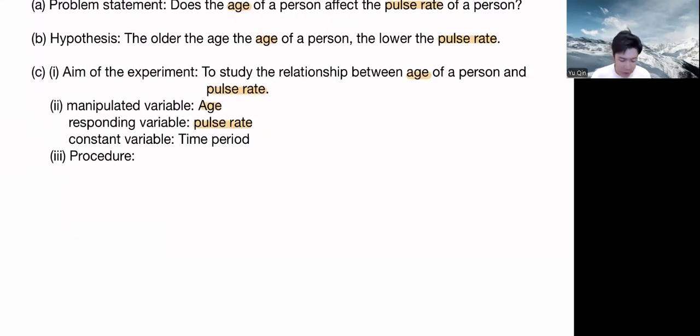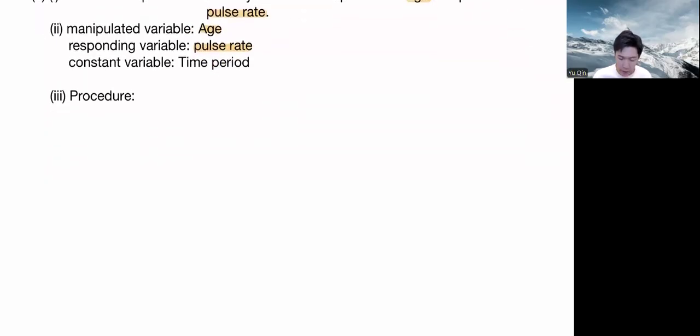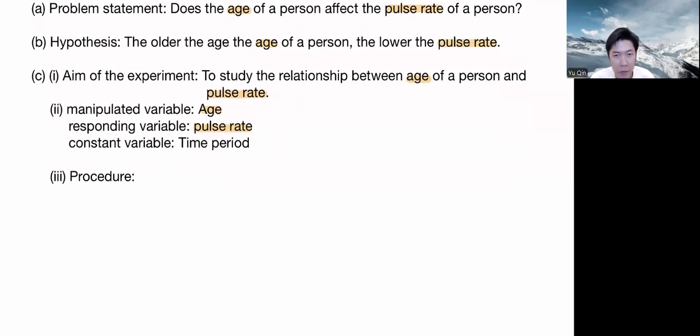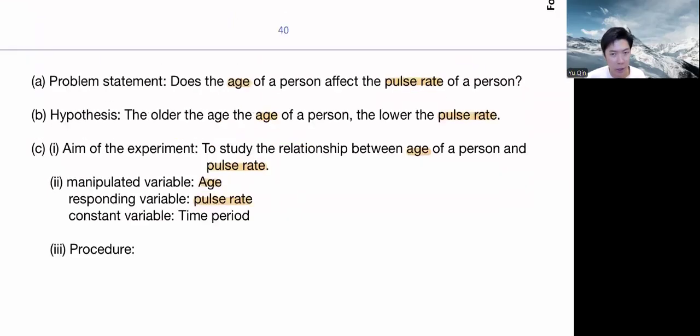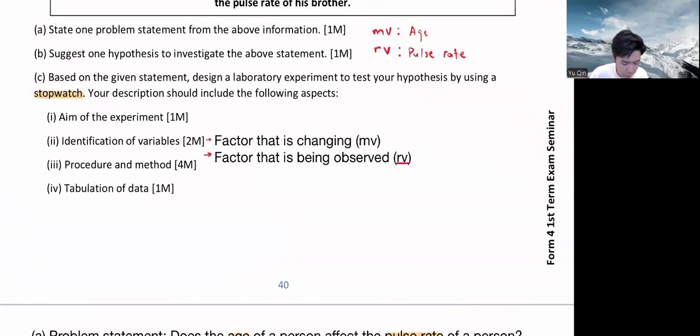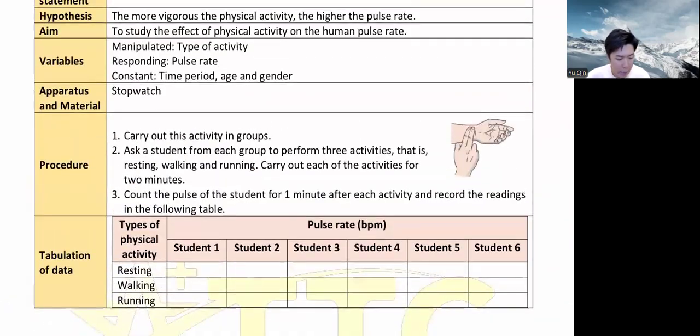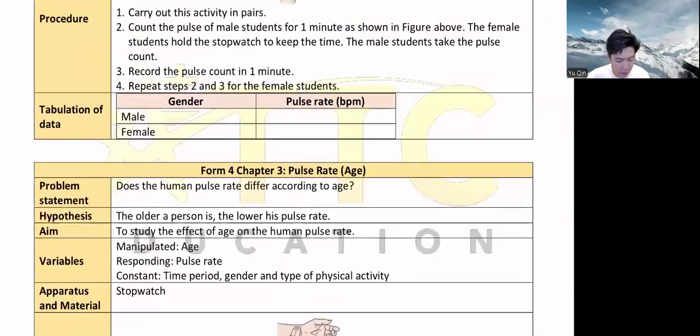Okay, so for procedure C3, it seems to be not a necessary part to ask now in these recent years, because they might change. They might not ask procedure. They might ask for something else. But just so happens this question right now is procedure, so let's talk about it. Procedure basically means the steps here. So we're talking about age, right?